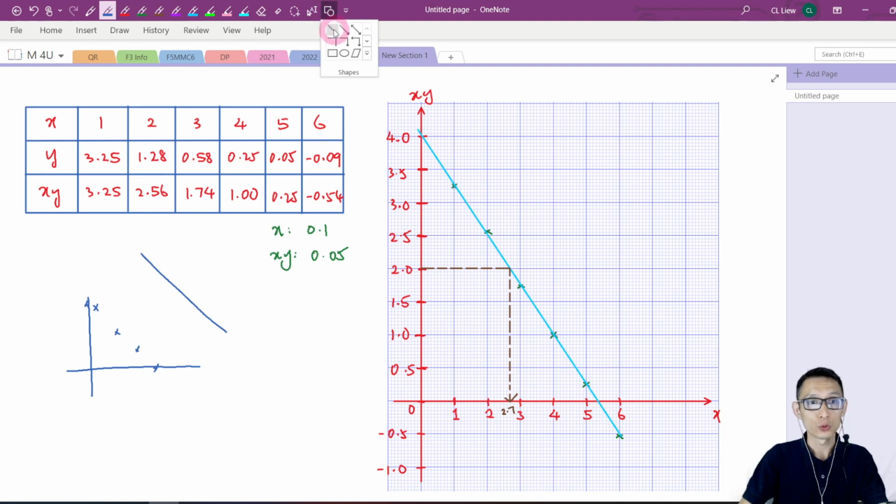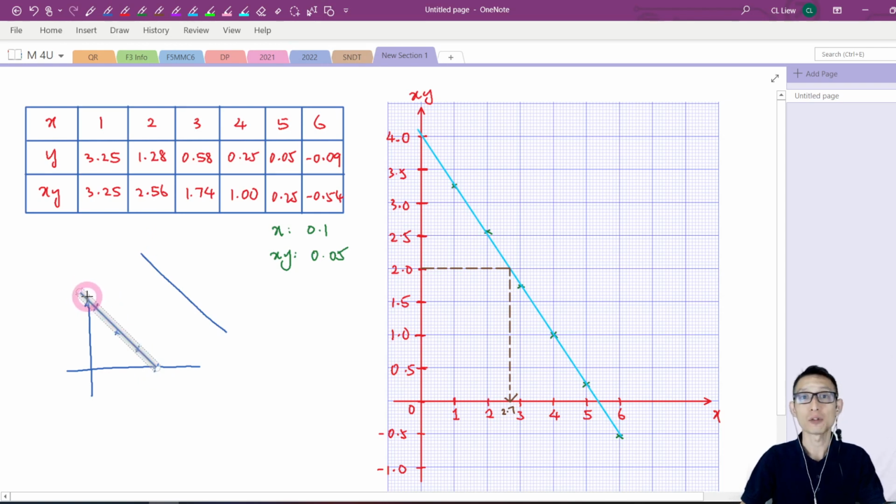If you do not leave some space here, you might face problems later. You try to connect but there is not enough space for you to get the reading, and we always need the reading to help us solve the question. We always need the y-intercept here to help us get the answer. So it's good for you to leave some space here.